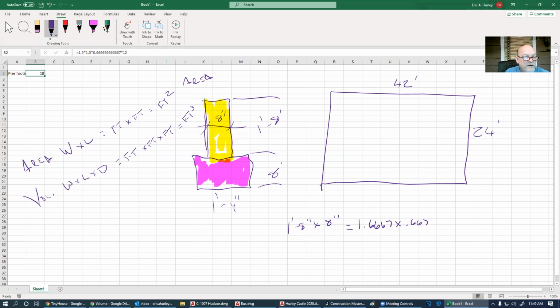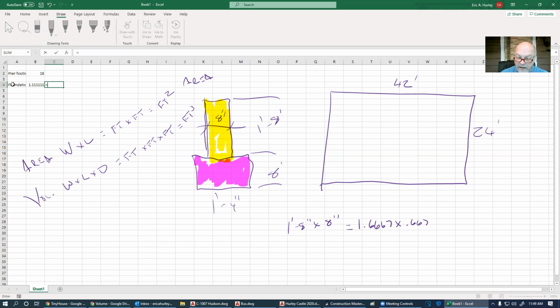We can do that very easily up here, and we're going to call this the foundation. So equals 1.6666667 times 0.6666667. Put as many sixes as you can in there, and you'll end up with a better number.